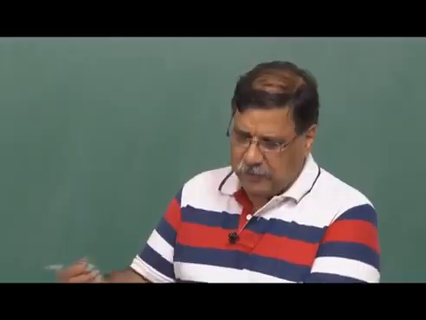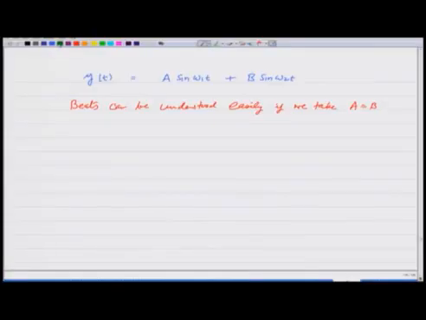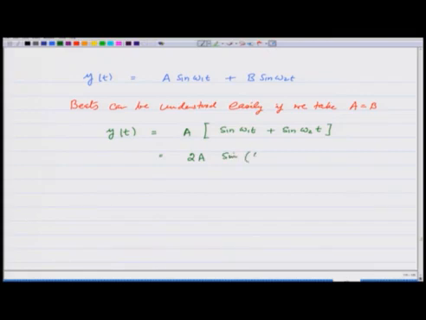If they are different, I'll work that out also a little later, but in this case what I'll have is y t is equal to A in the brackets sine omega 1 t plus sine omega 2 t, which I can write as 2A sine of omega 1 plus omega 2 over 2 t times cosine of omega 1 minus omega 2 over 2 t.